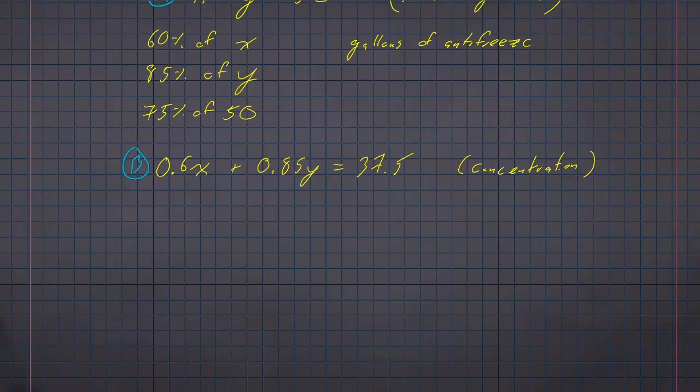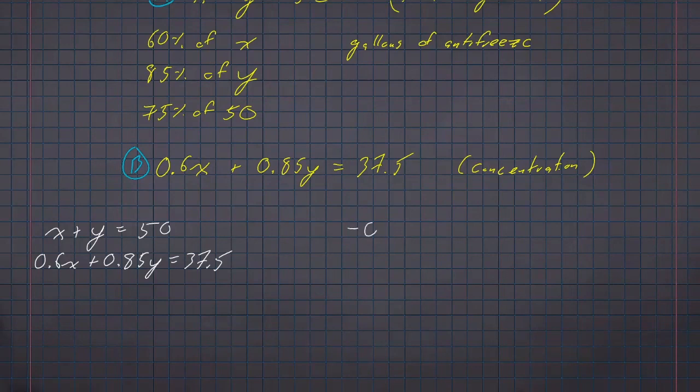I'm going to rewrite them a little bit closer together. And I'm going to take that first equation and multiply by, say, negative 0.6. Negative 0.6 times 50 is negative 30.